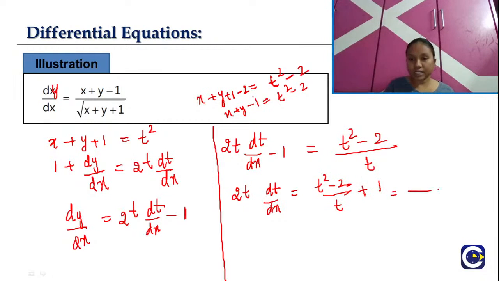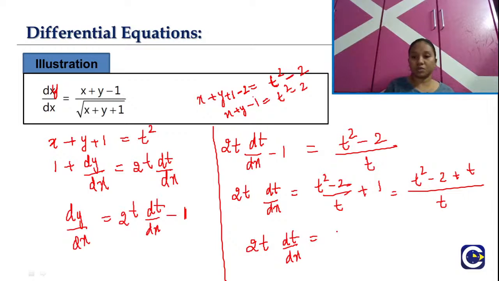So here we can take the LCM as t. So t square minus 2 plus t here. So now 2t dt by dx will be equal to t square plus t minus 2 by t. Right, so now try and simplify this further in order to do the integration quickly.